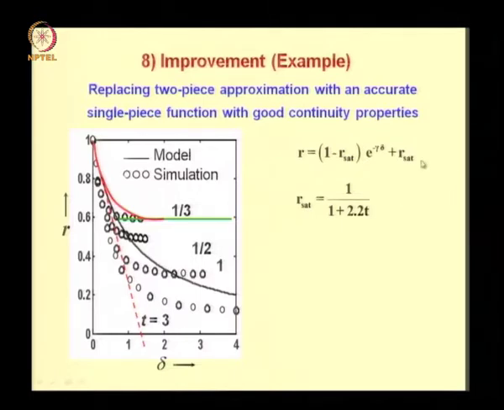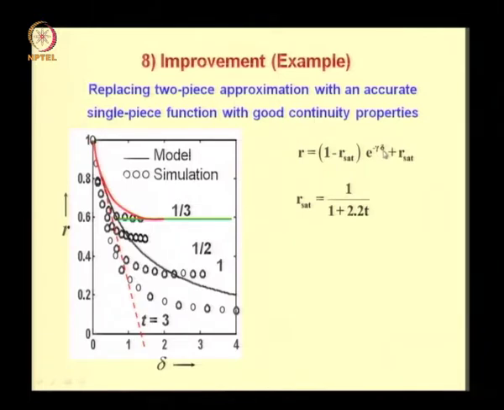Now an expression which is again empirically determined, which has this shape, is given by this formula: r equal to 1 minus r sat, times exponential of minus gamma delta, plus r sat.